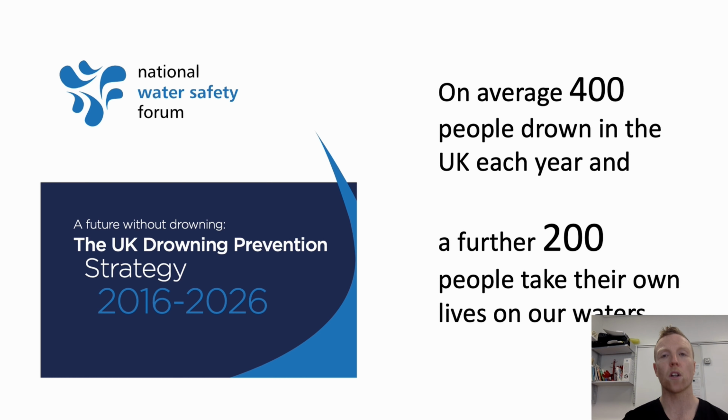In the UK, approximately 400 people die each year as a result of drowning, and an additional 200 take their lives in open or inland water. So overall, this is a relatively infrequent event in the UK, but one that we should be expected to see and manage well.